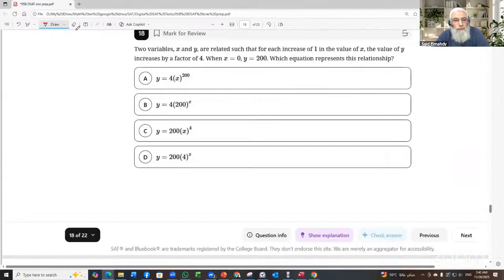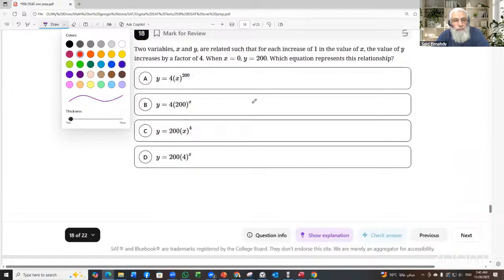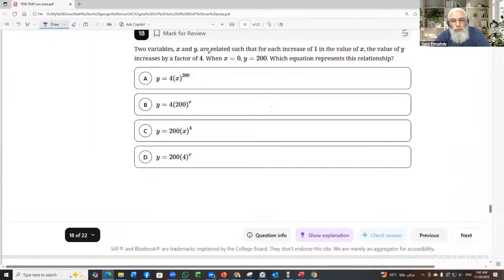Number 17. Two variables x and y are related such that for each increase of 1 in the value of x, the value of y increases by a factor of 4. The change in y divided by the change in x is the slope, which would be 4 divided by 1, which is 4.